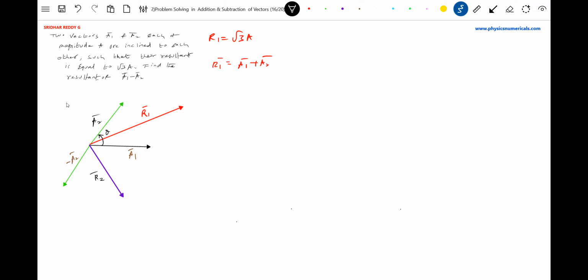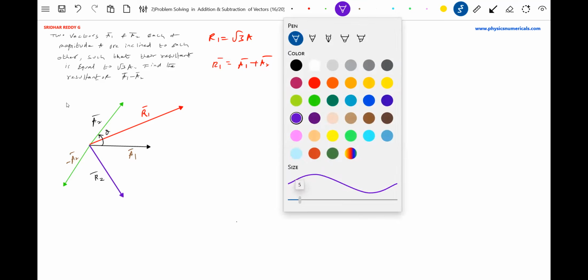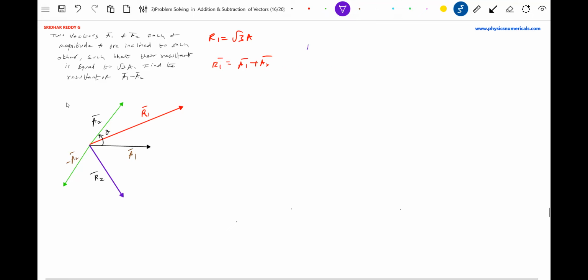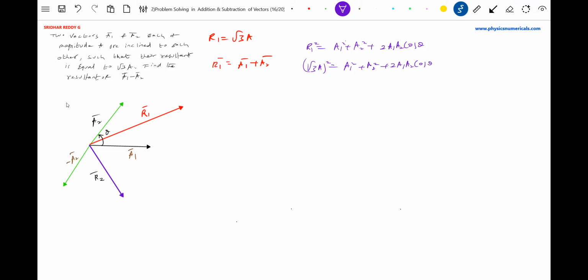So let's go into R1 and expand it. R1 square equals A1 square plus A2 square plus 2A1A2 cos theta. This is root 3A whole square equals A square plus A square plus 2A1A2 cos theta, which we don't know yet.